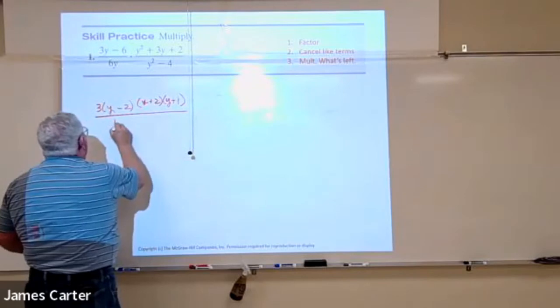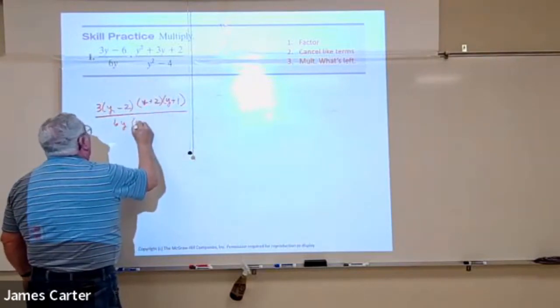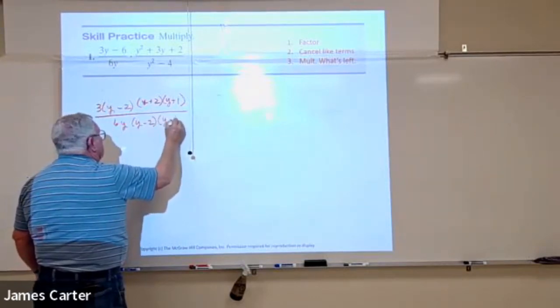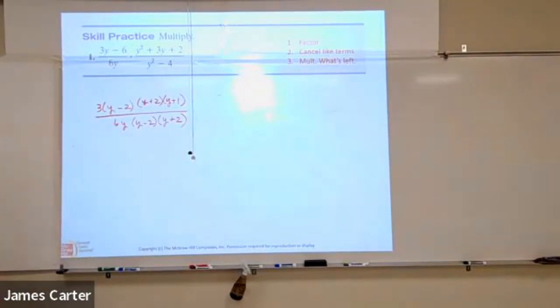Here I've got 6y. This gives me y minus 2, y plus 2. Like so. Okay. Anyone have any problems with anything I did so far?